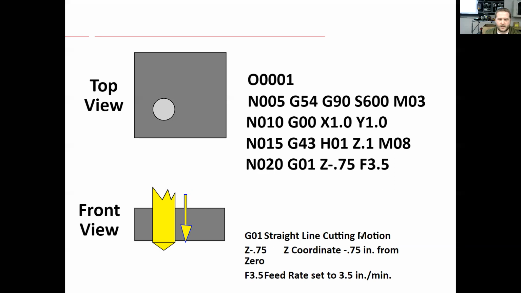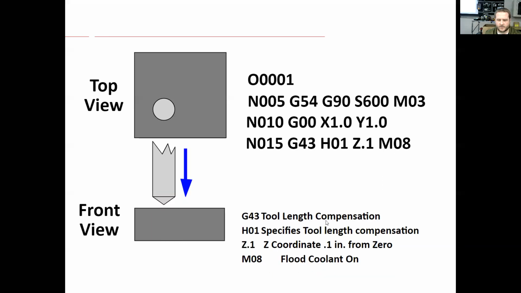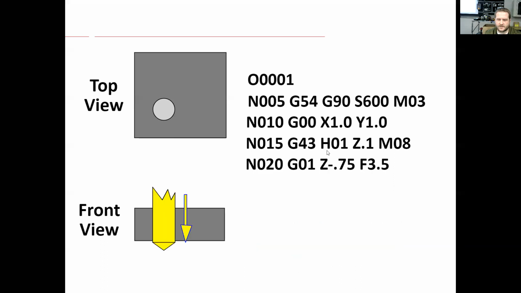G1, straight line cutting motion. Oh, that last one then must have just been the compensation. So this is actually your drilling motion, 3/4 of an inch.